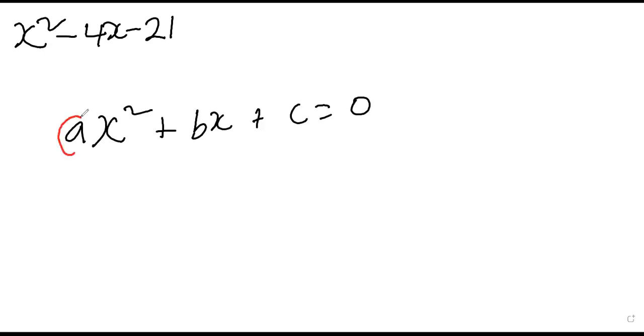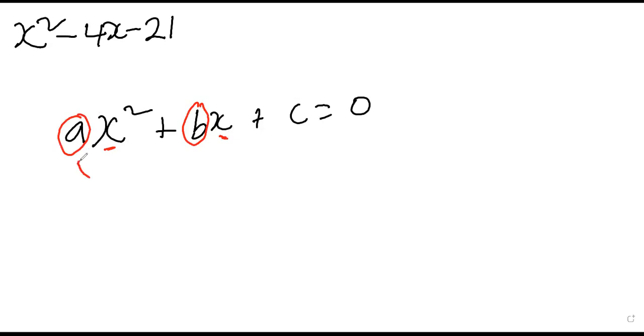The coefficients, these guys right here, are coefficients, right? So they are acting as numerals, right? While the s right here is the unknown, the variable.